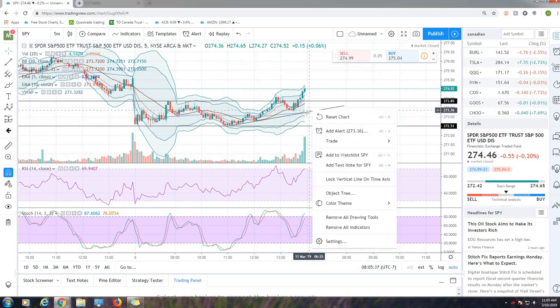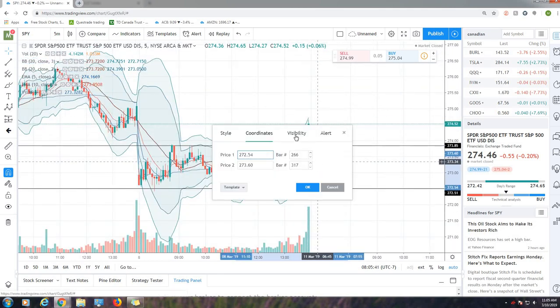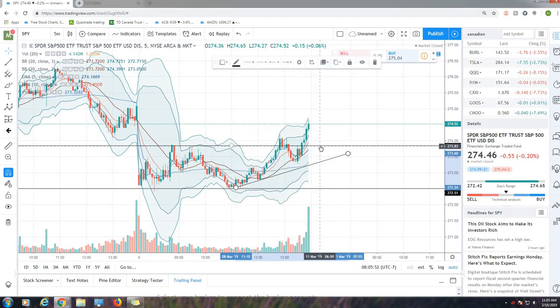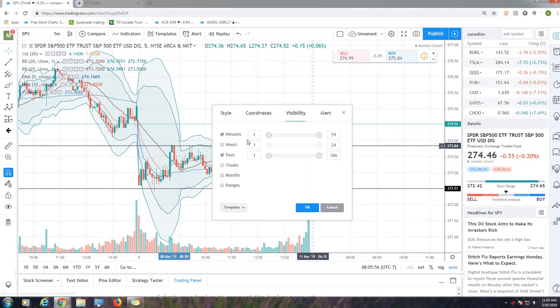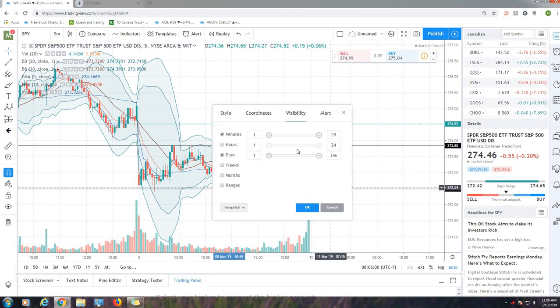So we can go in here and double click, go to the visibility, and you can change which time frames it shows up on. We'll just leave it on minutes so it's not going to crowd up our daily chart as badly. Same as these two here. So double click, we'll get rid of that, and then one more time.